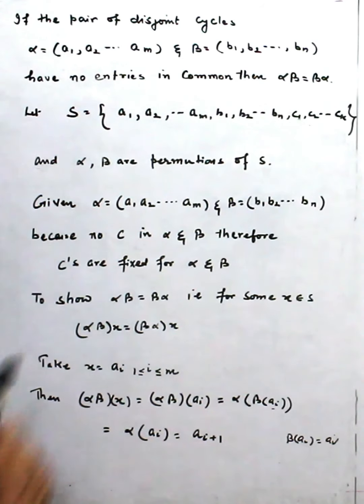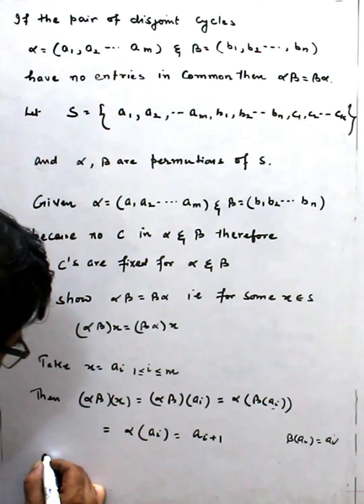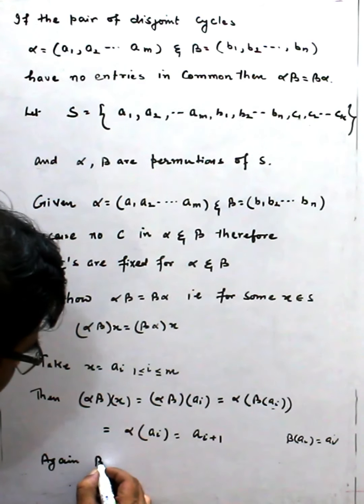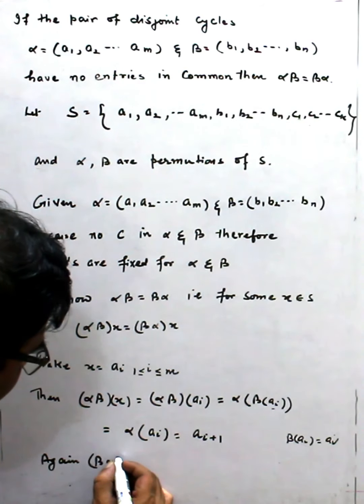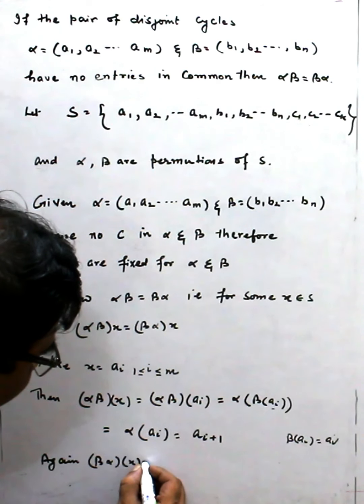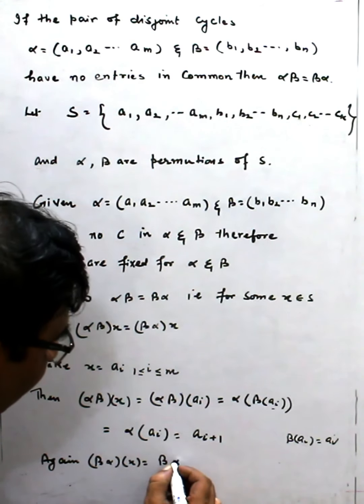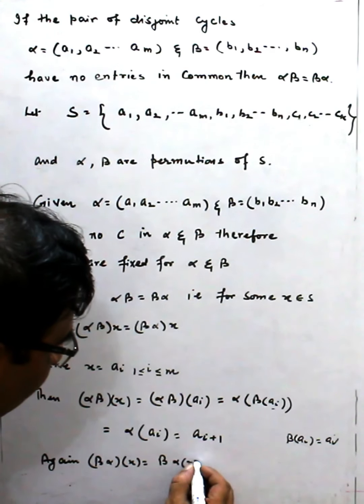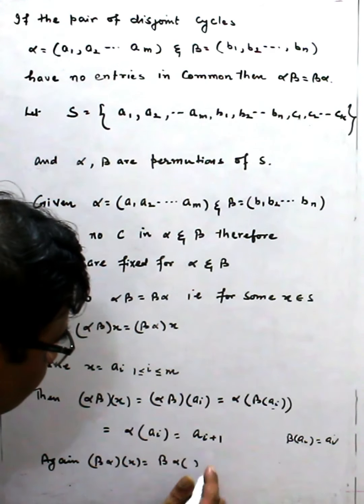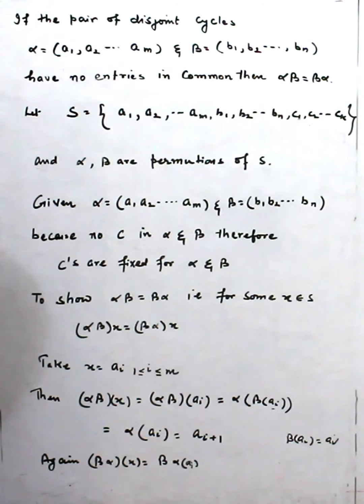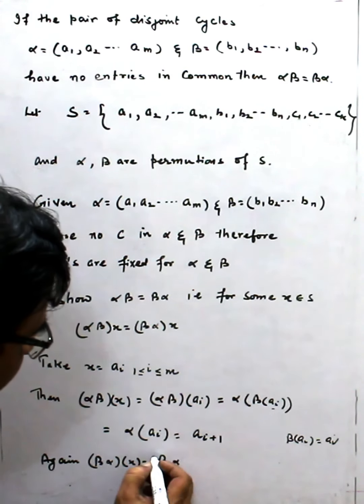Again we take the other side. Beta alpha x, with x equal to ai.